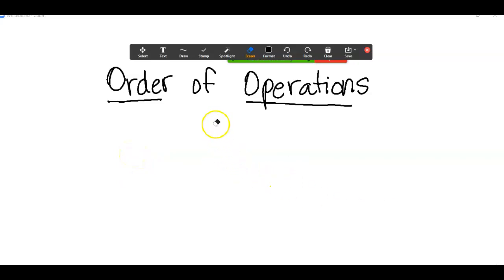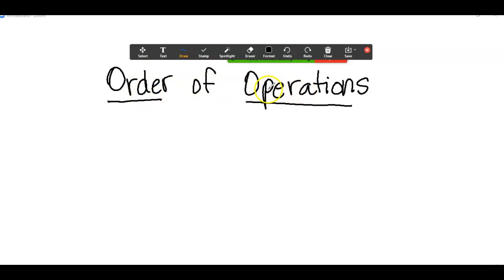We need to have an order that everyone follows so that we're all getting the same answer. I don't want to throw up a string of operations and have everybody in the class get a different answer. So that's the why we need order of operations.